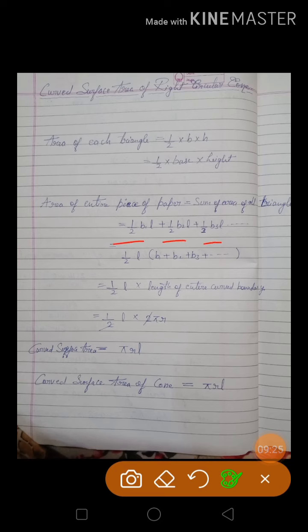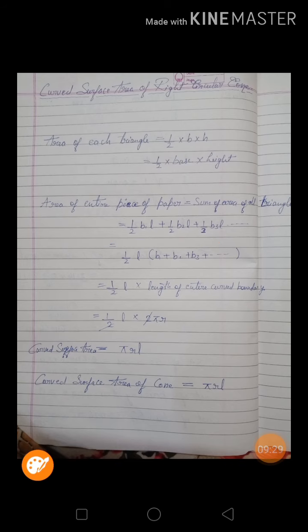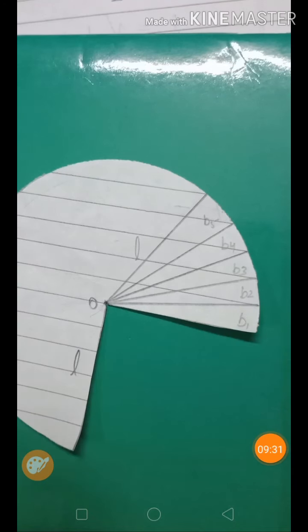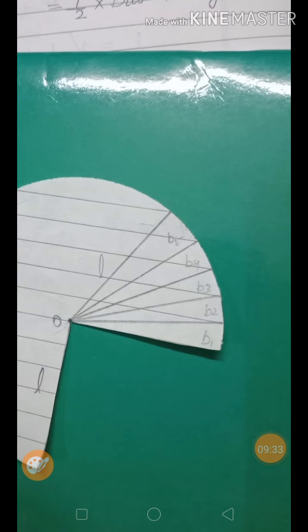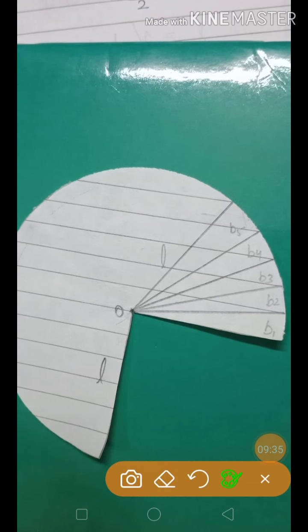In this way, the area of the first triangle will be 1/2 B1 into L. See, this is the first triangle, and this is the height, which is L, and the base is B1. For the second triangle, height is again L and base is B2.